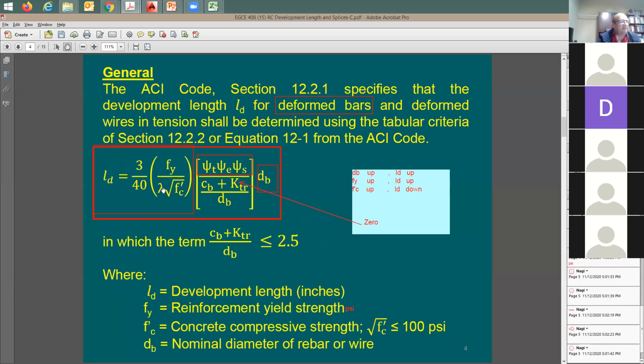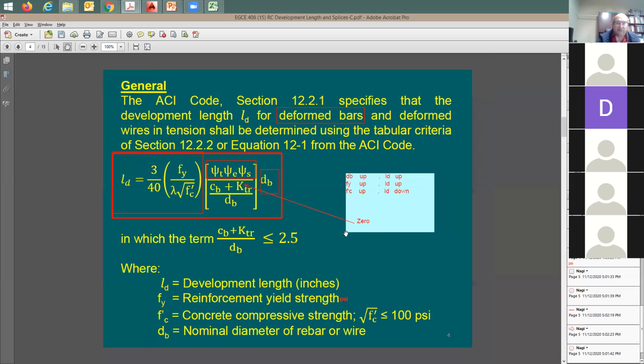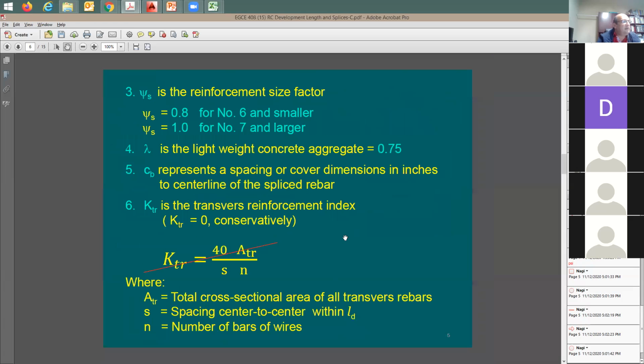F sub Y, yield strength; lambda, 0.75 when you have lightweight concrete; F prime C, the concrete strength; psi sub T, for top reinforcing versus bottom reinforcing or vertical; psi sub E, epoxy coated; psi sub S, the rebar size. And the last thing is C sub B, because D sub B is the rebar size. What's C sub B? It's the only thing left to be able to do an example on this.